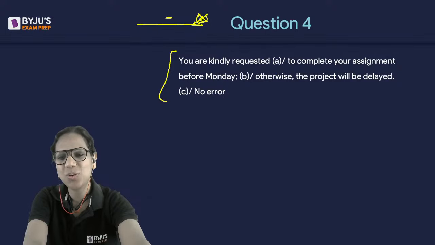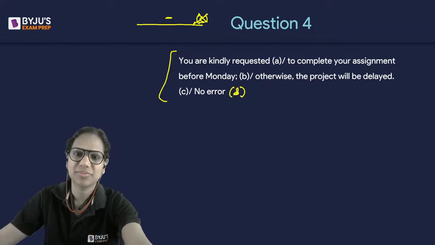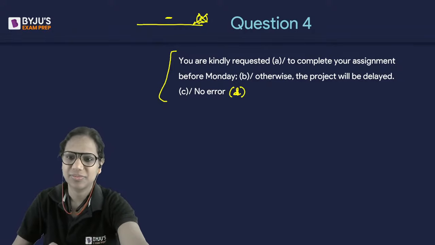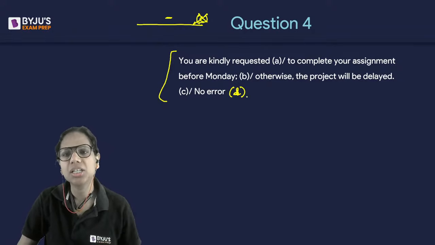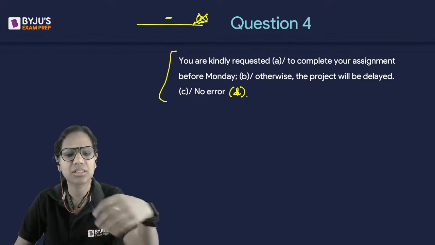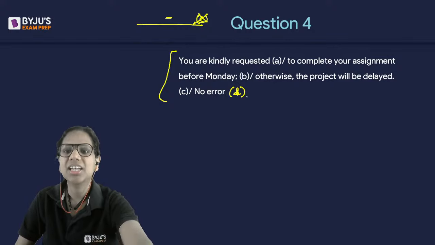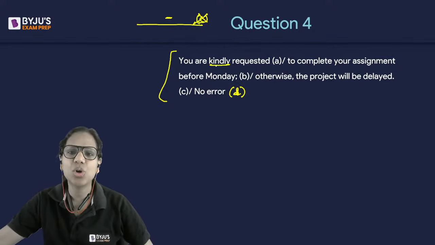Just tell me also what is the error. Madhav says B. To complete your assignment before Monday. What's wrong with this? What is the error in this? Madhav? Good, Ujjwal. Kindly is not needed.